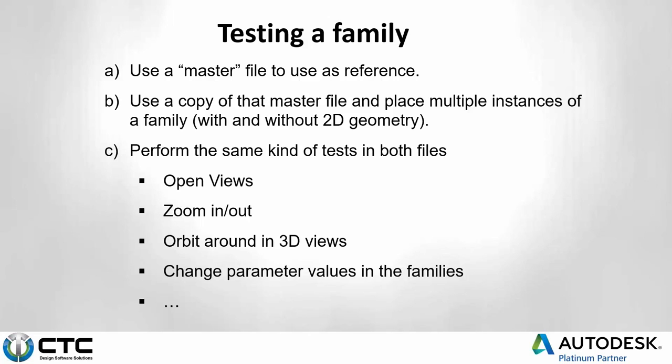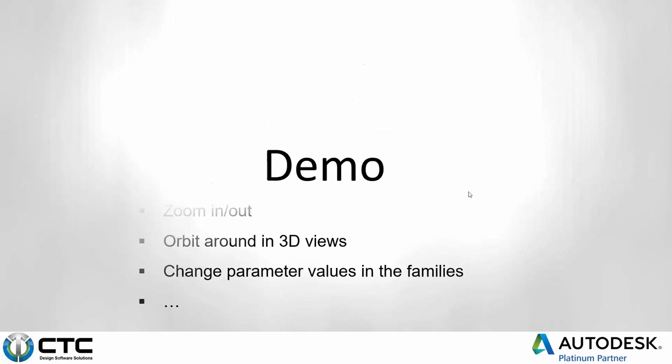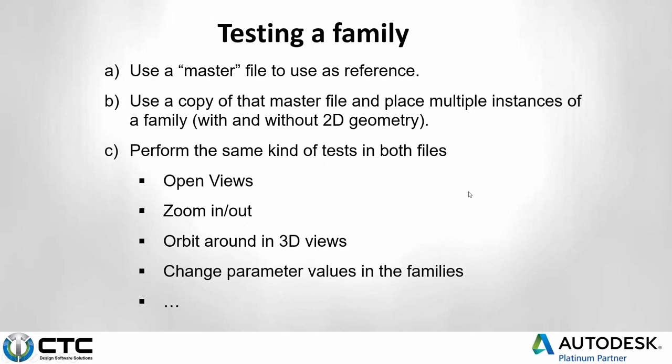In this file, I place these families many times, and I will open the file I was working with soon. So for our testing parameters or testing standards, we'll just move things between the master and the test file.